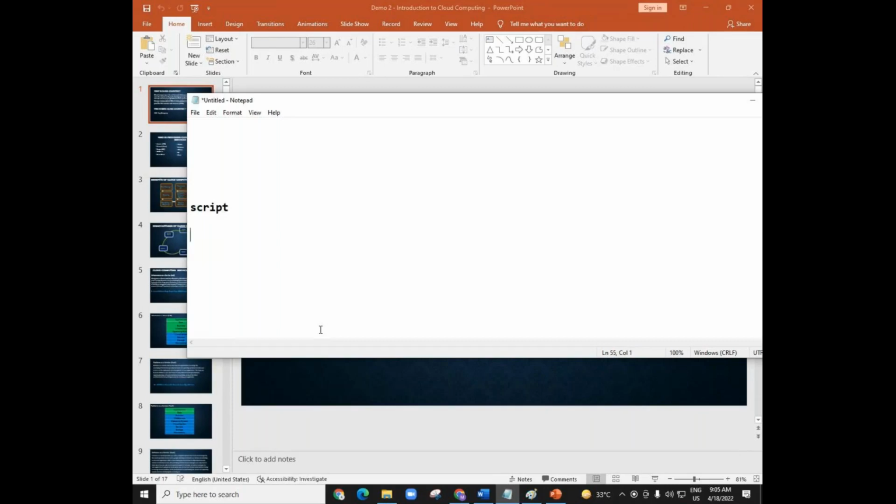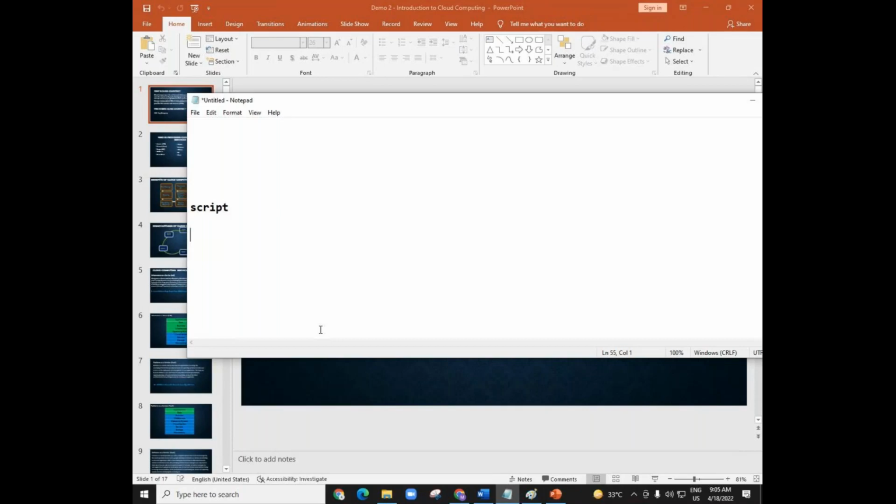Script means a predefined set of rules. So if the script is ready, it is very easy for an actor to implement that particular script. So script is something like rules and regulations.